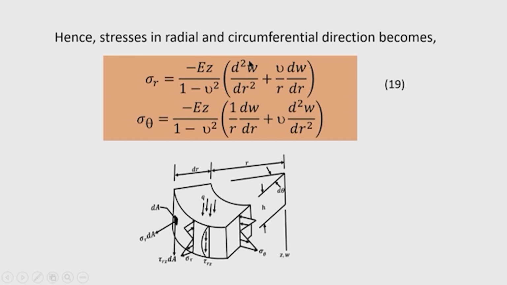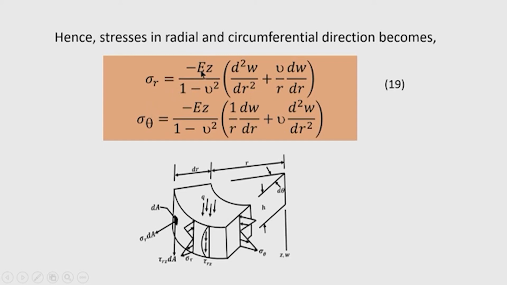You can note here that in the stress expressions in the radial or circumferential direction, both quantities, slope as well as curvature, are involved. So, slope has a contribution to the stress, and the curvature also has a contribution towards the stress. These are the expressions for the stresses in the radial and circumferential directions.